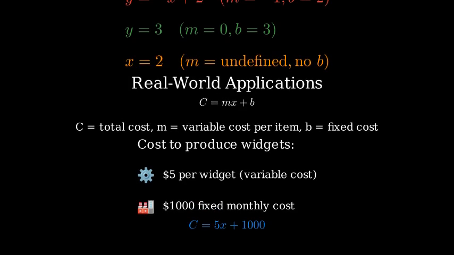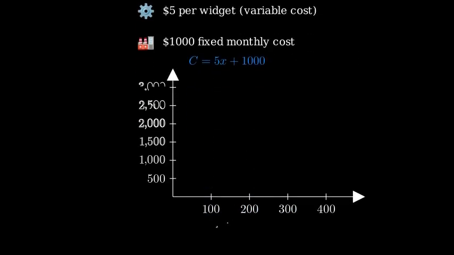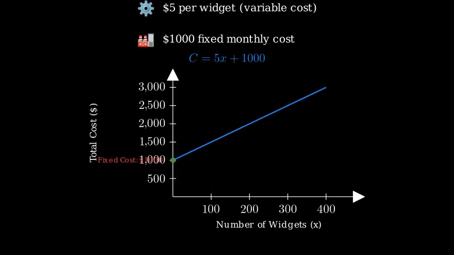Their cost function would be C equals 5x plus 1,000. Here's the graph of this cost function. From this graph, we can see that even if they produce 0 widgets, they still incur the fixed cost of $1,000. And for each additional widget they produce, the total cost increases by $5.